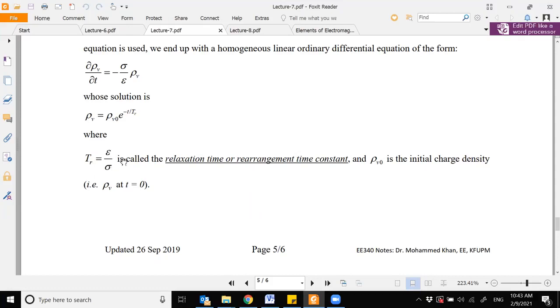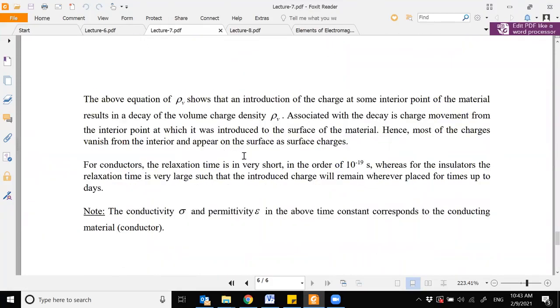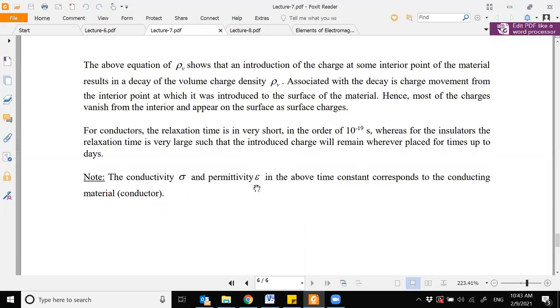Epsilon over sigma. Remember, everything we are talking about here is for the conductor. Sigma is the conductivity of the conductor and epsilon is the permittivity of the conductor, because here we are considering not a perfect conductor. If a conductor is not perfect, it will also have a permittivity.